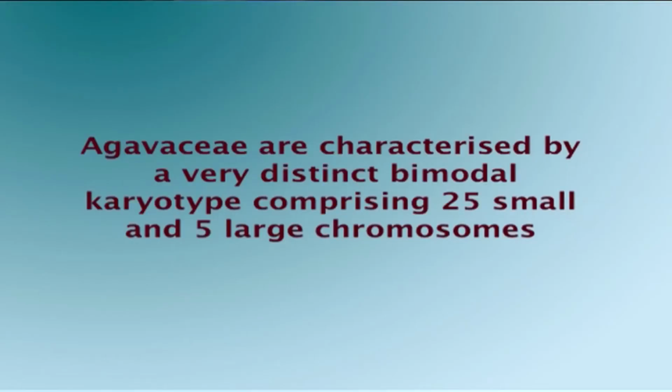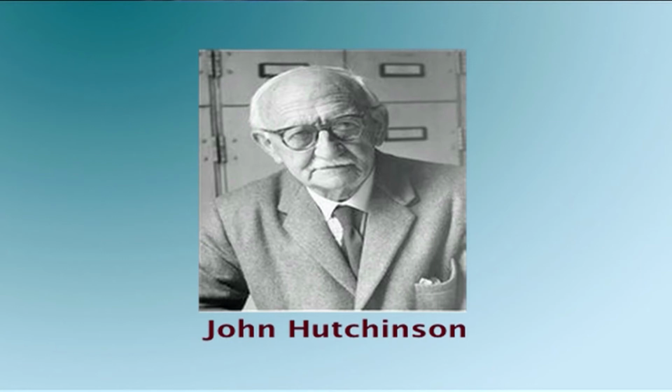This classification is supported by cytological evidence, that is, Agavaceae are characterized by a very distinct bimodal karyotype comprising 25 small and 5 large chromosomes. Their karyotype similarity justifies their inclusion in a single family Agavaceae, as has been done by Hutchinson.